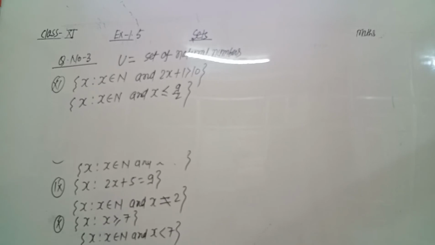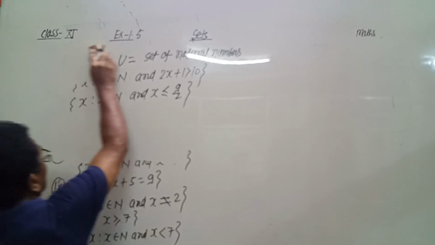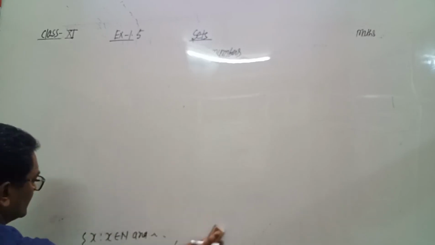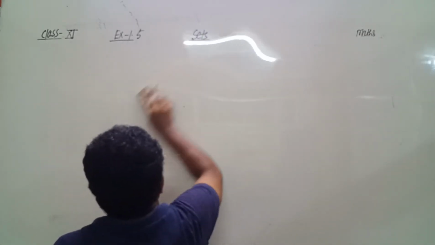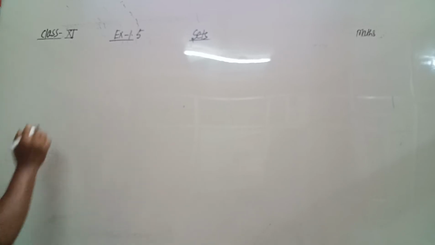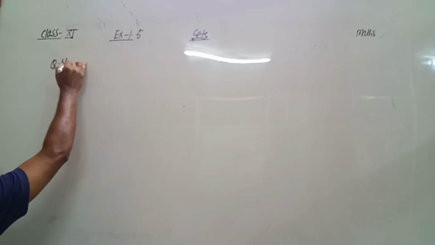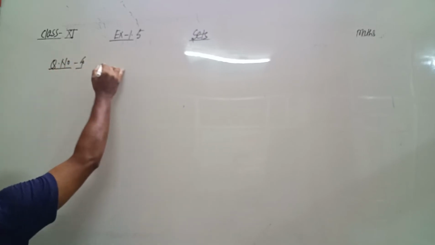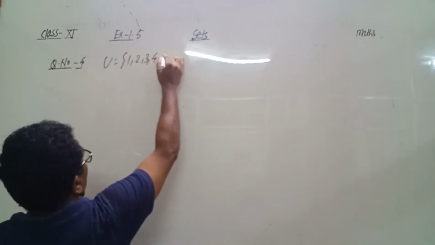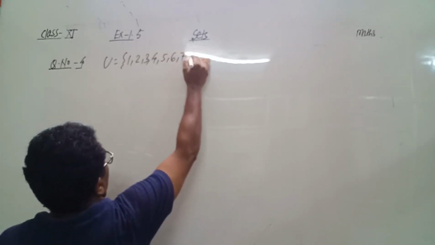Now question number 4. The universal set is given: U equals 1, 2, 3, 4, 5, 6, 7, 8 and 9.